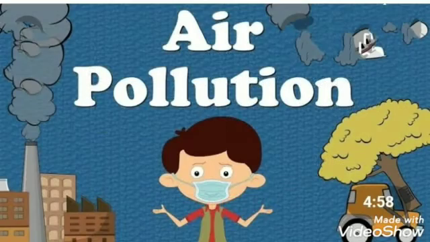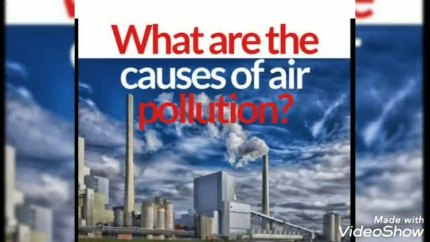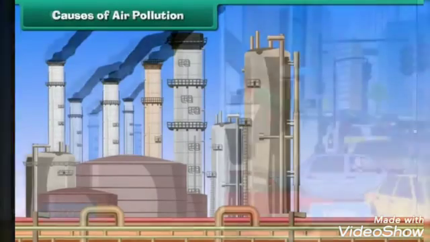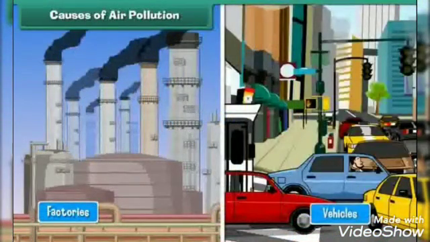Air pollution. The air we breathe has many unwanted particles in it. This air is polluted. The unwanted and harmful particles in the air are called air pollutants. This causes air pollution. Causes of air pollution. Air gets polluted by the smoke released by factories and vehicles.